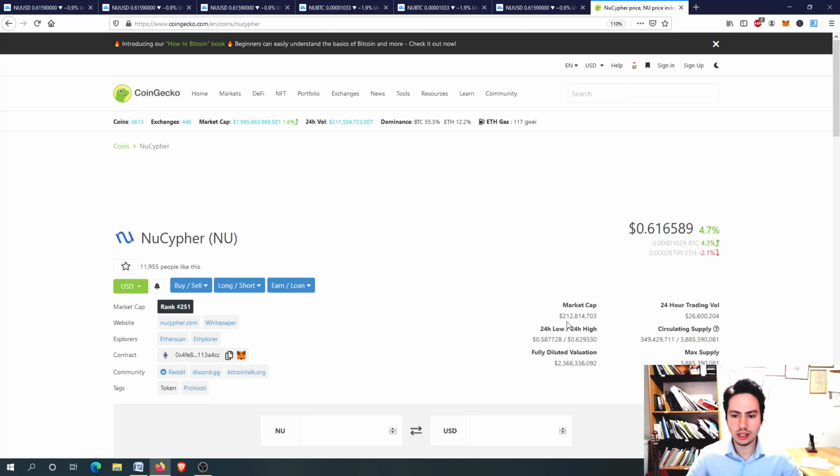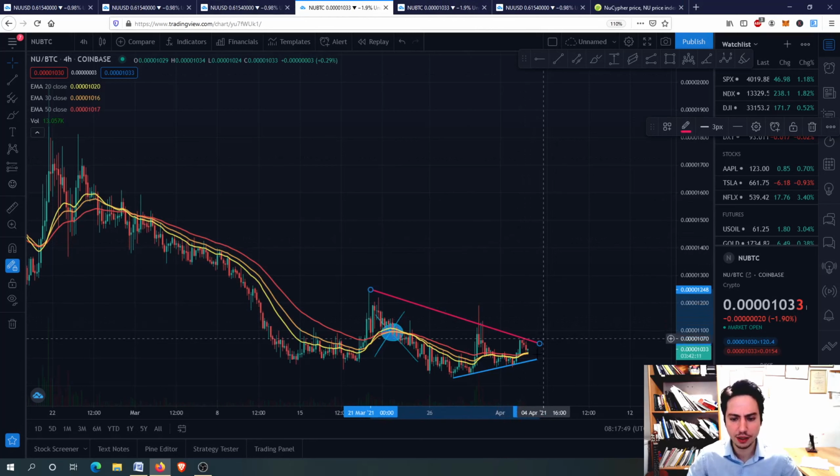Okay, so according to the market cap and comparing it to Bitcoin's, I think this coin has potential to grow in the future, but right now we shouldn't say that NuCypher will go upwards or downwards.